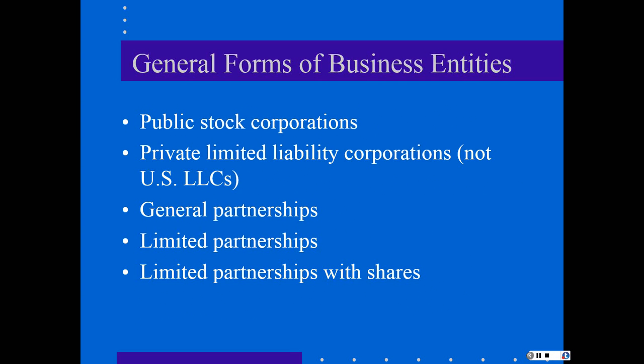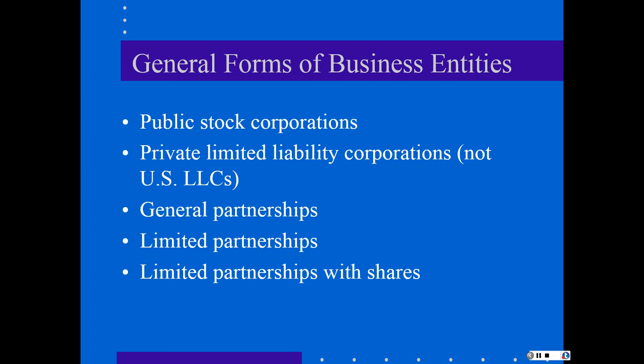All right, the last thing that we're going to look at are the forms of doing business, the forms of the entities, business associations. And I don't want to get into the weeds on these. Some of them you're familiar with, others are new. The public stock companies, this would typically be Siemens AG, something like that.